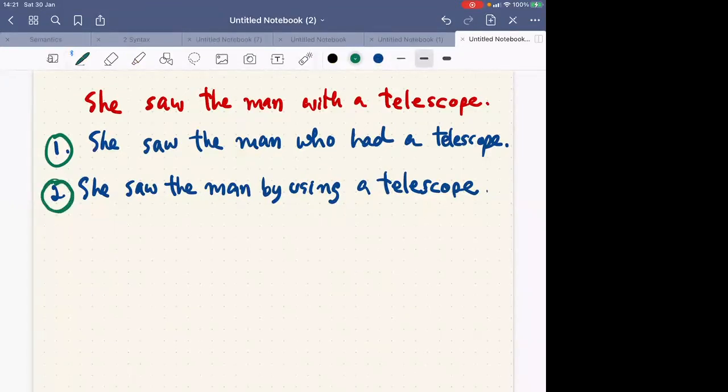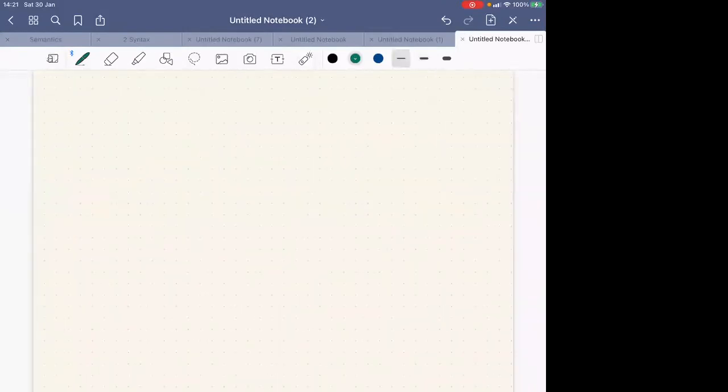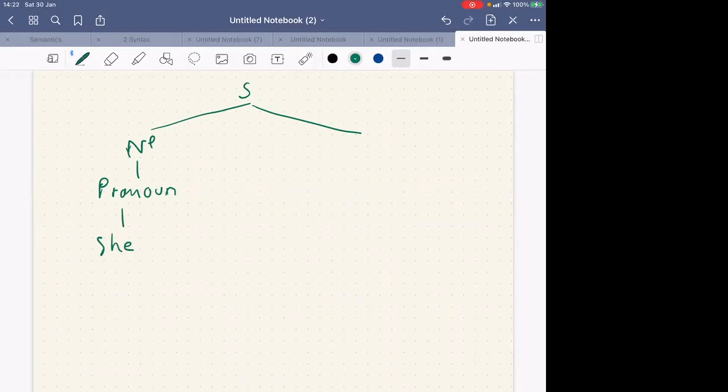using a telescope. Now the tree diagram for the second meaning would be different from the first meaning. So here we will have NP and we will have VP for this. For the VP, we will have the VP and the PP.